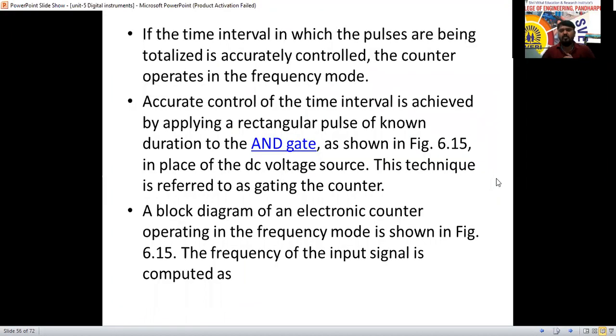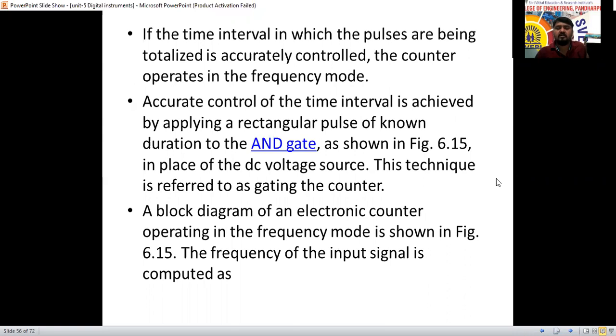Can anyone tell me what you mean by frequency? Definition? Definitions. That one also you don't know. Number of cycles per second, we are going to call it.